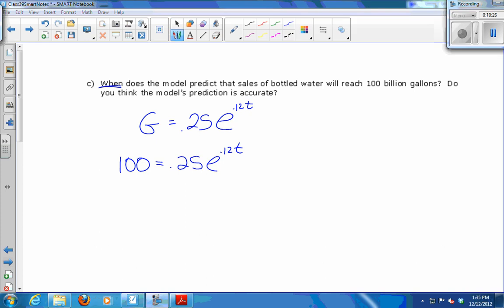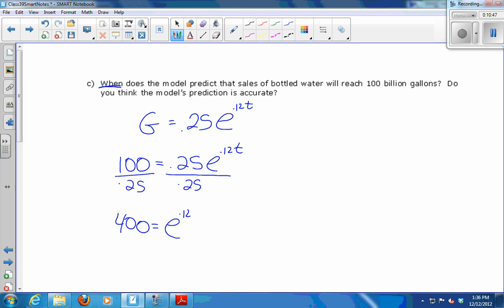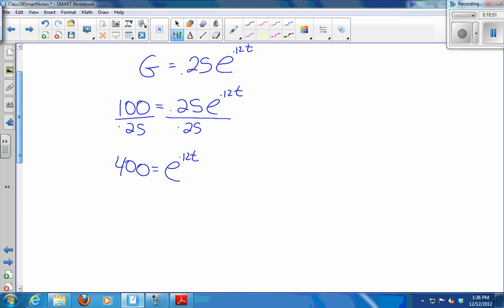The first goal when you have an equation that has a variable in the exponent is to isolate the exponential expression. So I want to get this e to the 0.12t by itself. So I'm going to start by dividing out the 0.25. So we get 400 is equal to e to the 0.12t. Now we have a variable in the exponent.